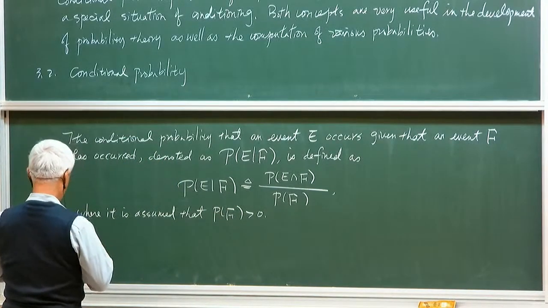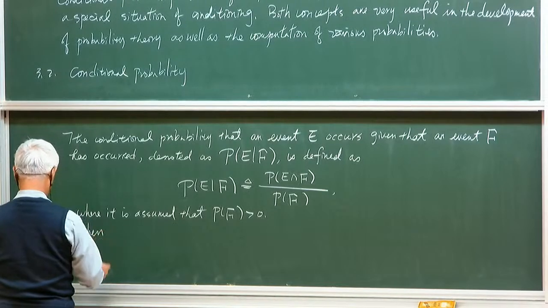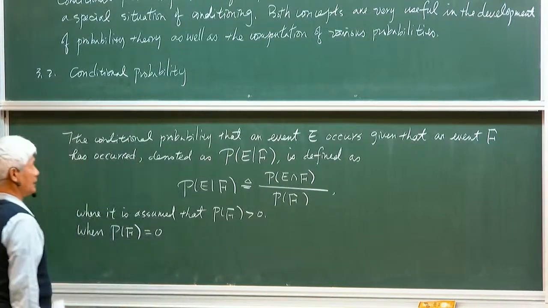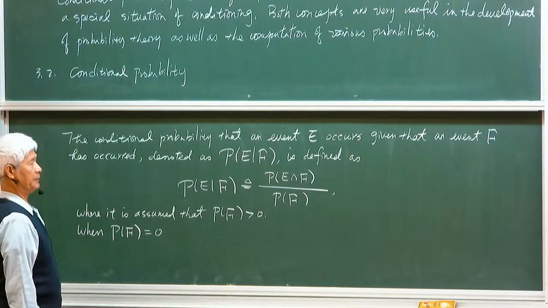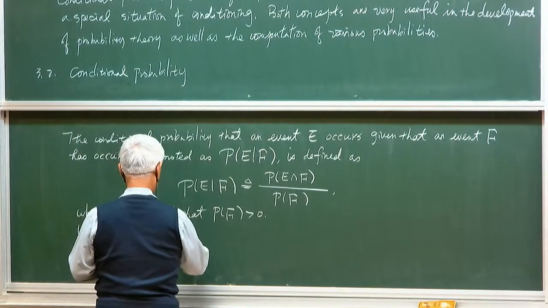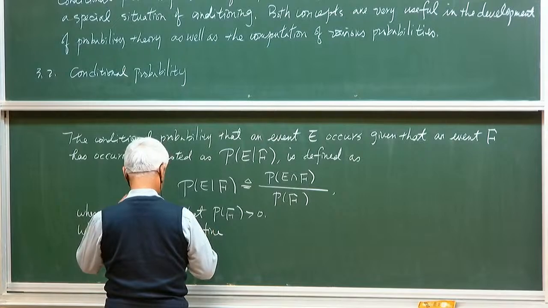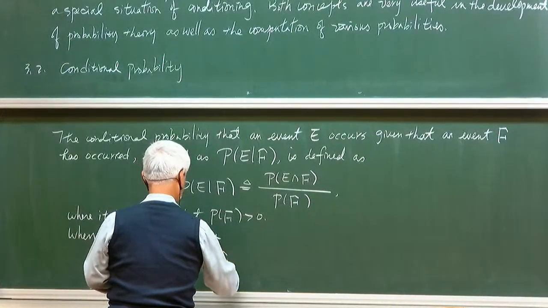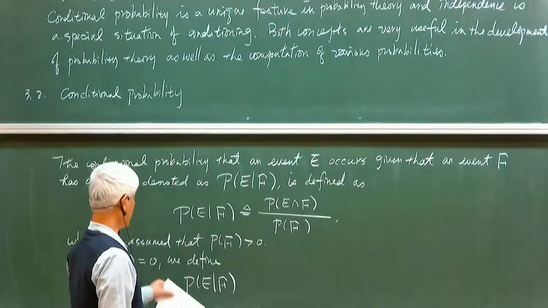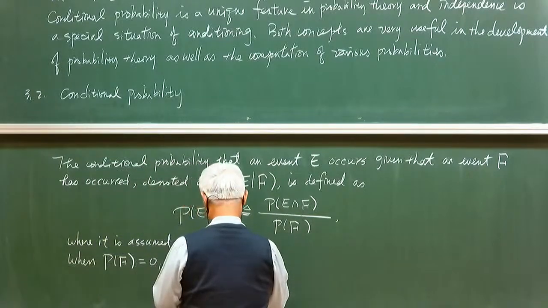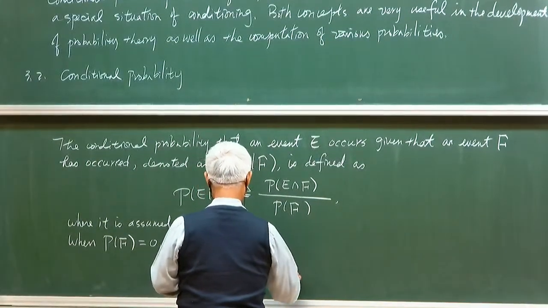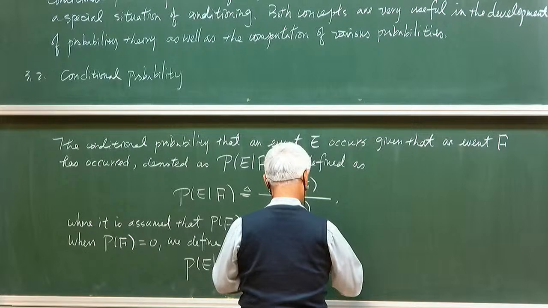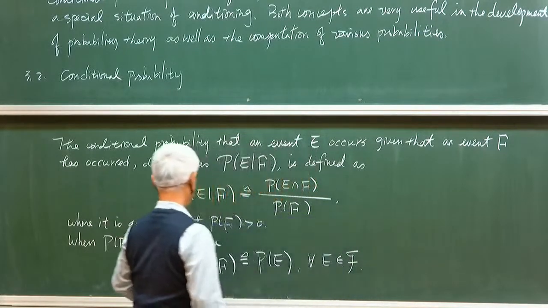Okay, and for our purpose, we will consider the special situation that when the given event F has probability equal to 0, then we define the conditional probability of an event E given F to be the unconditional probability of E, for all events in the sigma algebra.